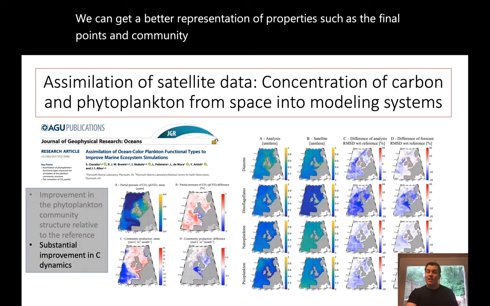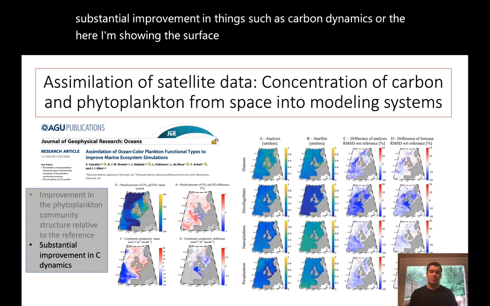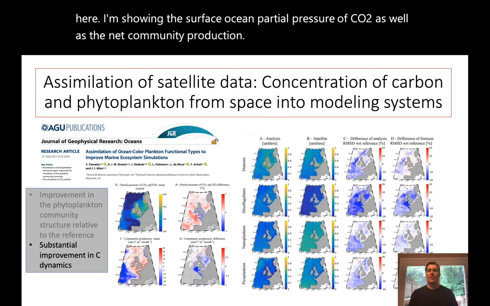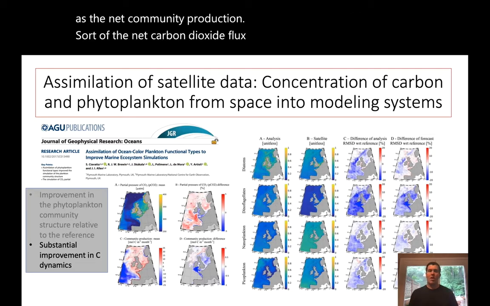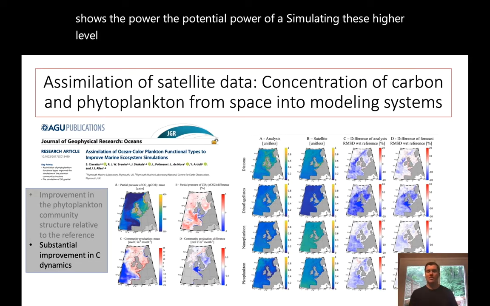And secondarily, we can get a substantial improvement in things such as carbon dynamics, or here I'm showing the surface ocean partial pressure of CO2, as well as the net community production, or sort of the net carbon dioxide flux across the surface. So that just shows the potential power of assimilating these higher level satellite products, which are derived from remote sensing reflectance, into these systems.